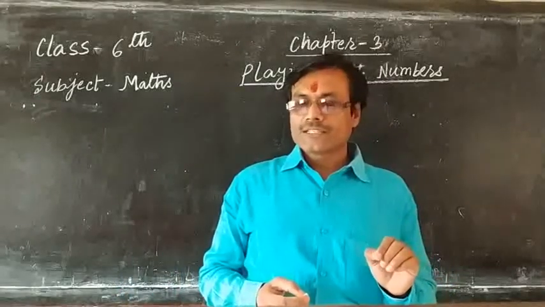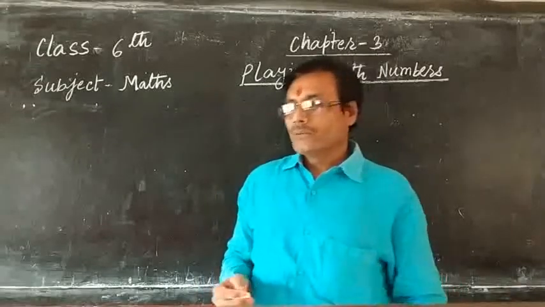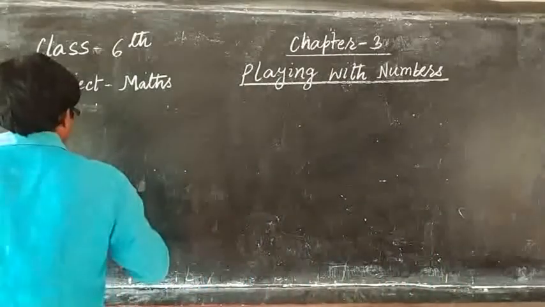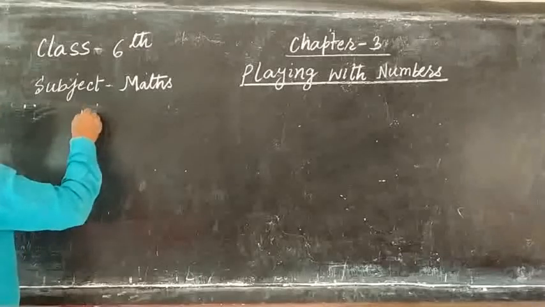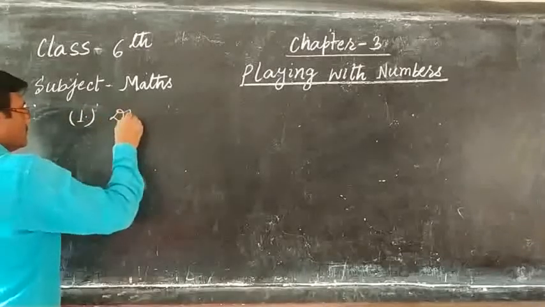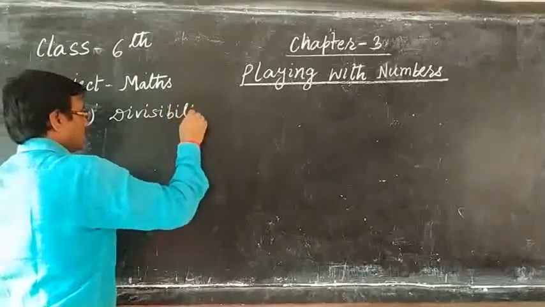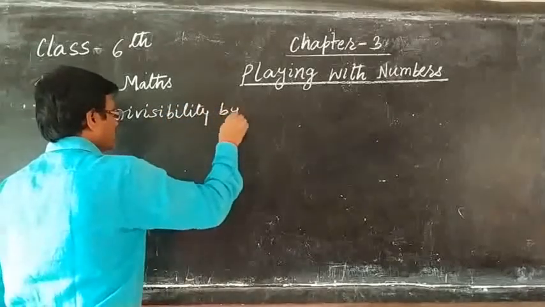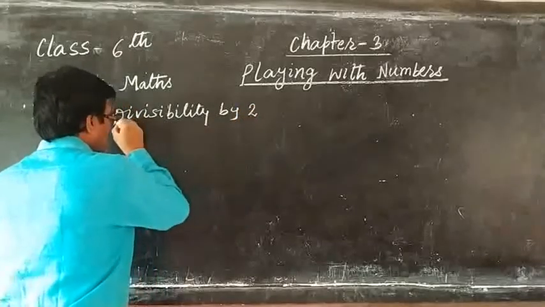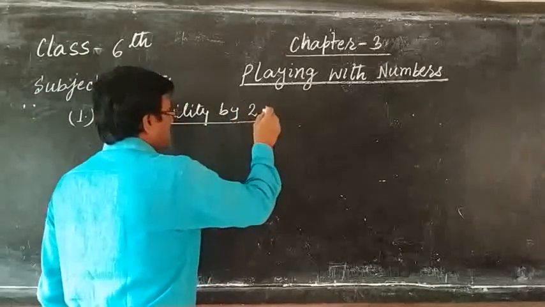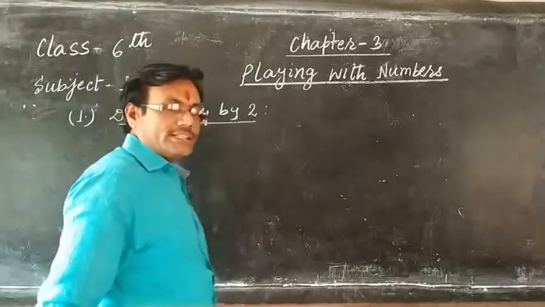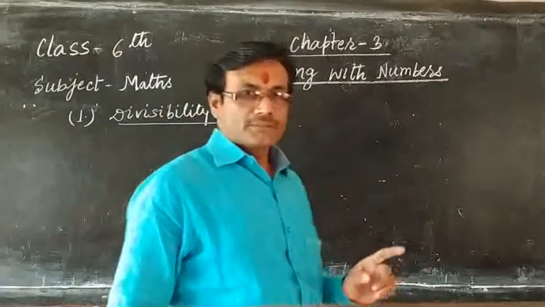So let's do it. First of all, we know about divisibility of 2. Students, in this rule we check the unit digit of a number.